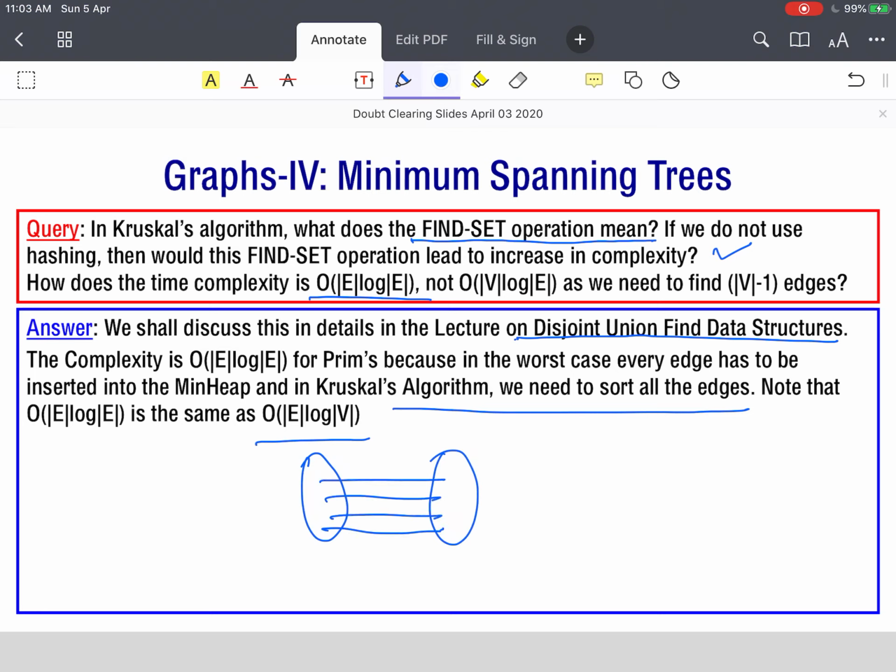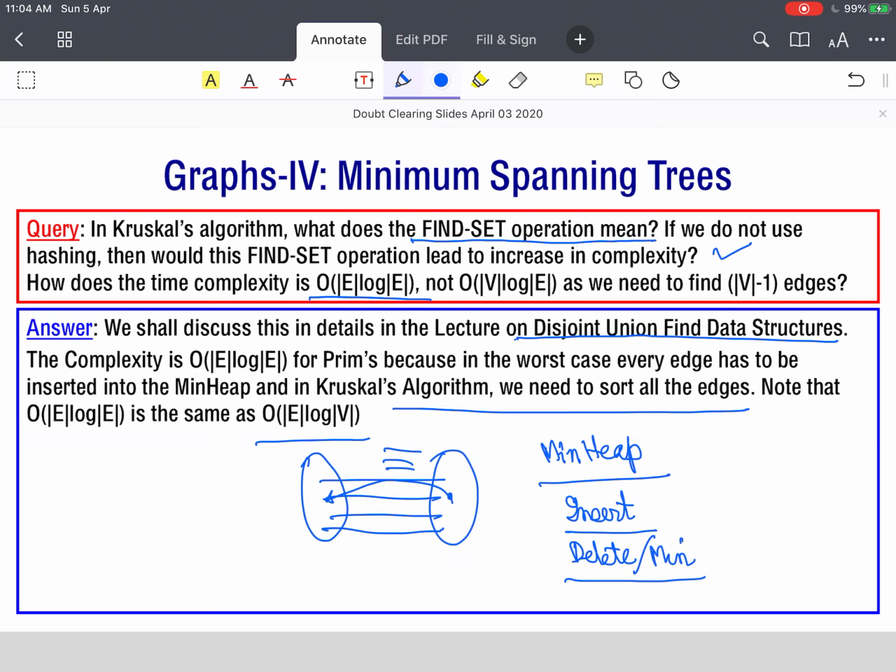And in Prim's algorithm, from one set to another, you need to find the minimum weight. So what we are doing is we are maintaining a min heap, and using that min heap data structure, as soon as we draw one node from one set to another, we start including some edges. So we insert edges into the heap, which means all the edges which are from this side to this side, and as soon as you include one edge, some more new edges come in, and as soon as you choose one edge it is deleted.